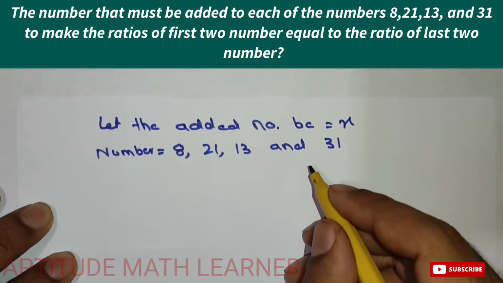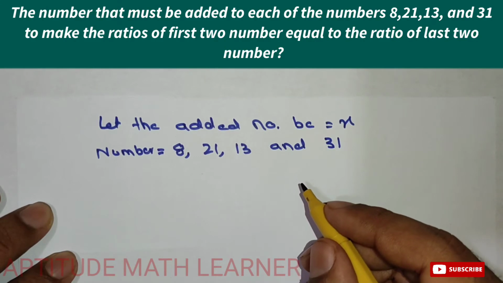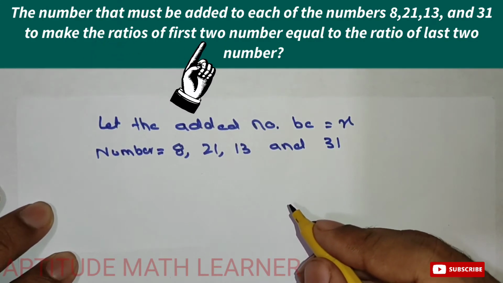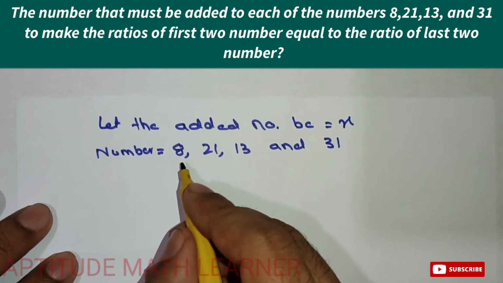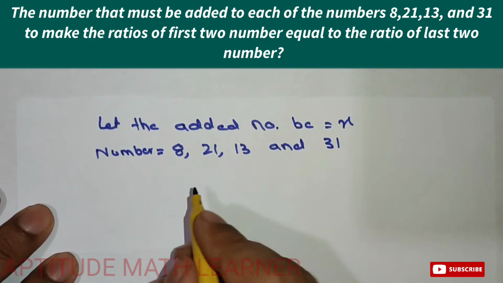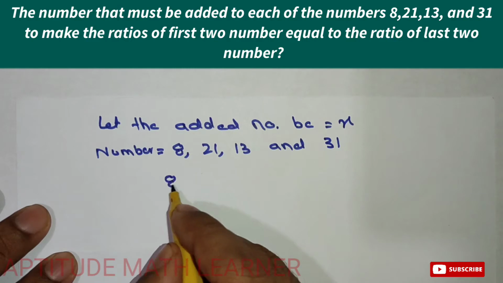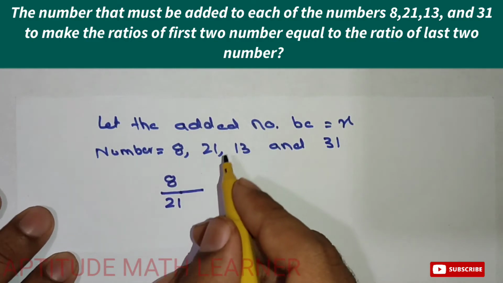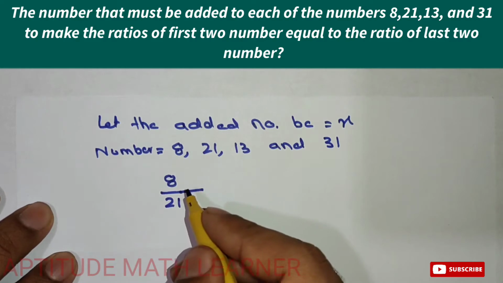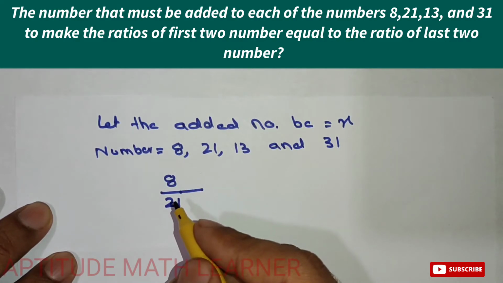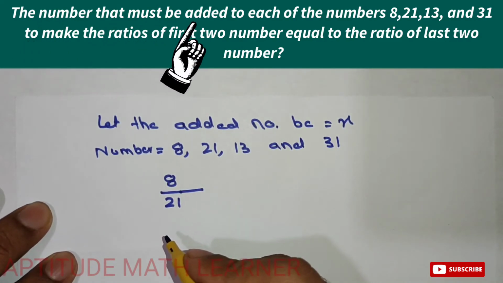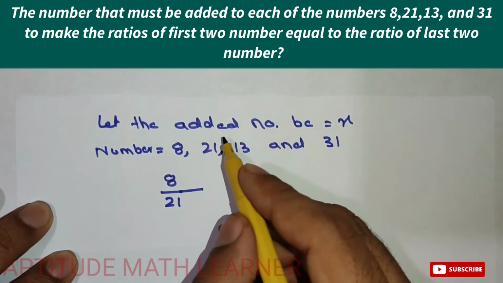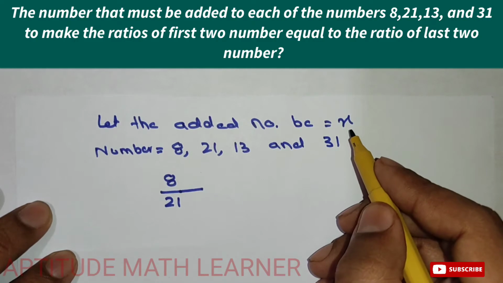Here the question says to make the ratio of the first two numbers, so the first two numbers we are having are 8 and 21. So this is the ratio of the first two numbers, and the question says the number that must be added to each of the numbers. So the required number, the number which we have to add, we have just taken as x.